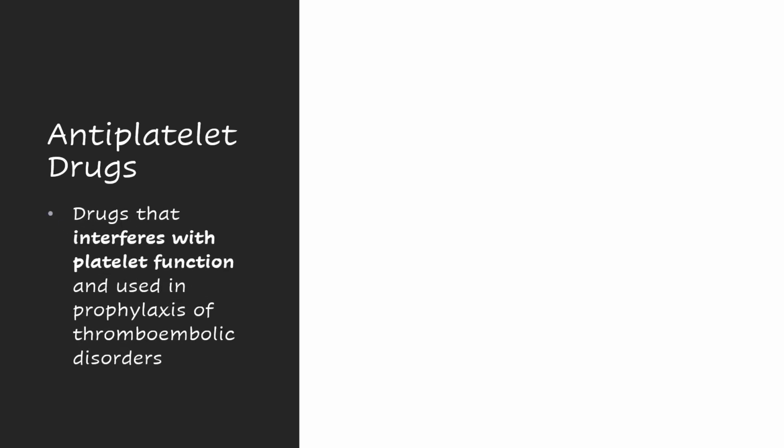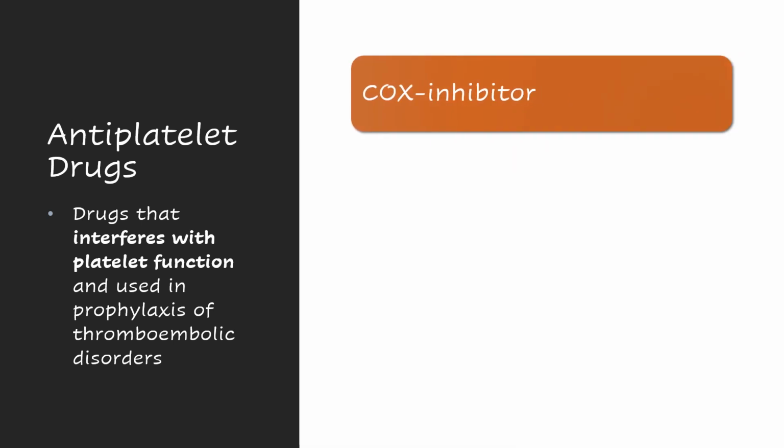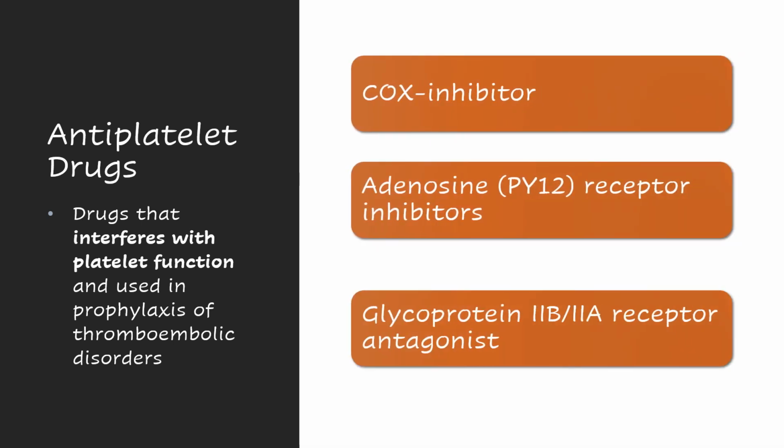Okay, the first class that we'll look at is the antiplatelet drugs. So what are antiplatelet drugs? They are drugs that interfere with platelet function and are used in prophylaxis of thromboembolic disorders. Here we have 3 classes of drugs used as antiplatelet drugs, based on their mechanism of action.